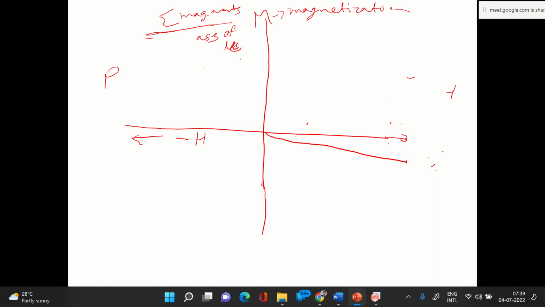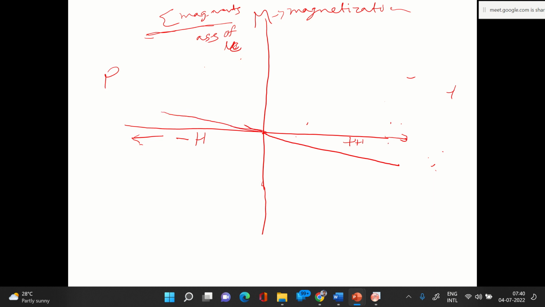So this kind of curve will come. It will show a very small change. So this is a typical graph. Similarly you can extend this graph on the other side.